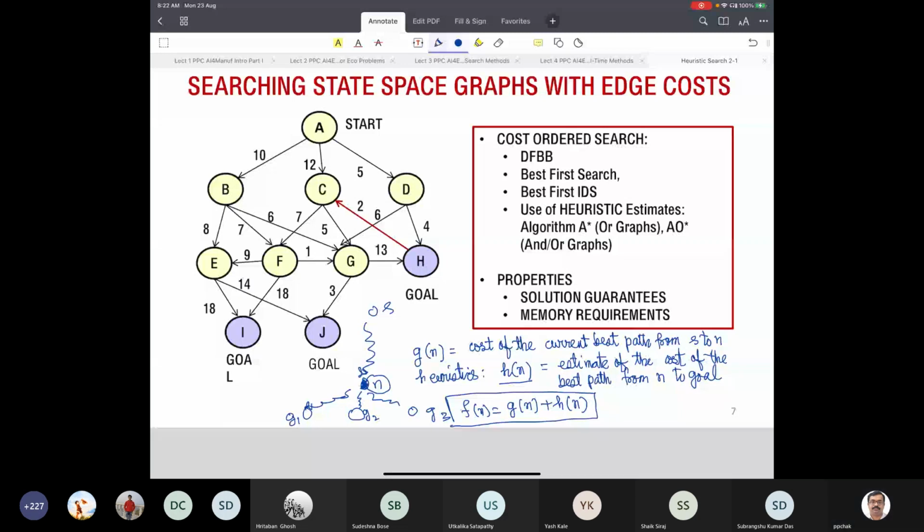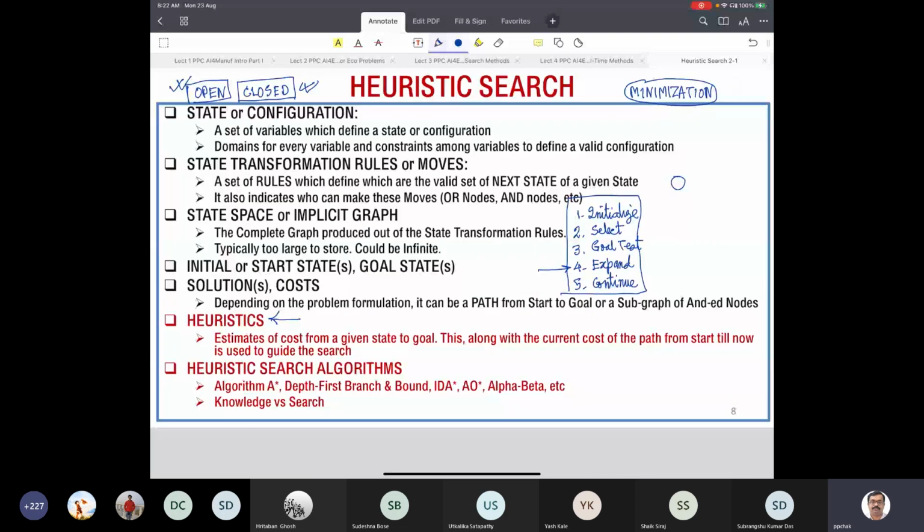So the heuristic search algorithm uses what is called an evaluation function Fn equal to Gn plus Hn for the kind of graphs that we have chosen, where there are costs on the edges.